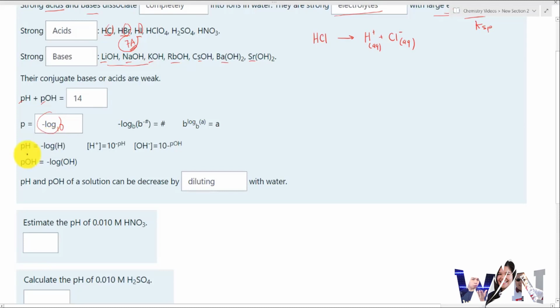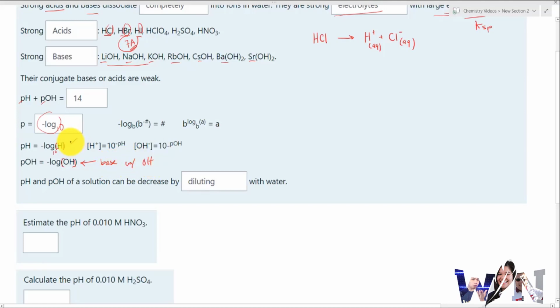So for example, pH is the negative log of, again, with the base of 10, but we don't really write it, the concentration of H, and pOH is the negative log of the concentration of OH. Now, one thing we have to be very careful about when it comes to pH and pOH is that this one can only be solved with a base, with OH, okay?